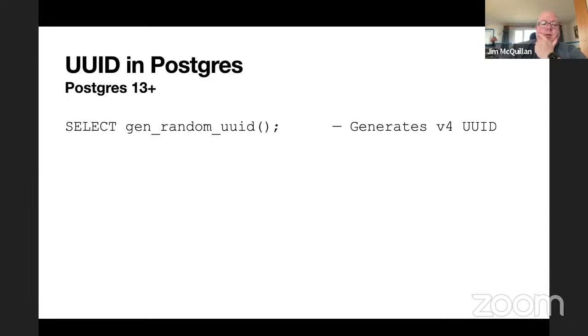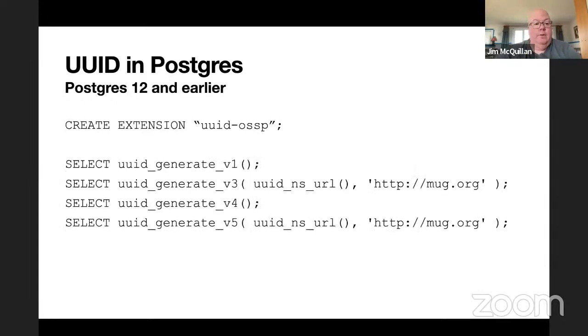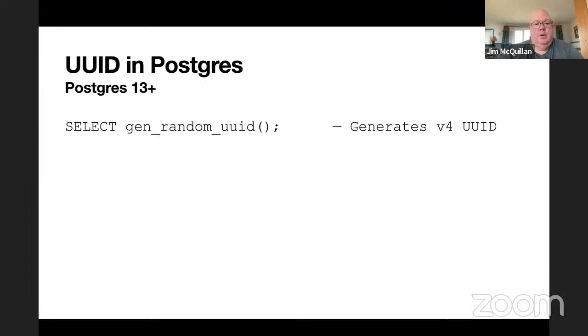So instead of the uuid_generate_v4 function, you can just use gen_random_uuid. I still got some customers that are running Postgres 12, so I'm still sticking with the older extension to get it. But in the future, I'll be able to switch to just the built-in function.